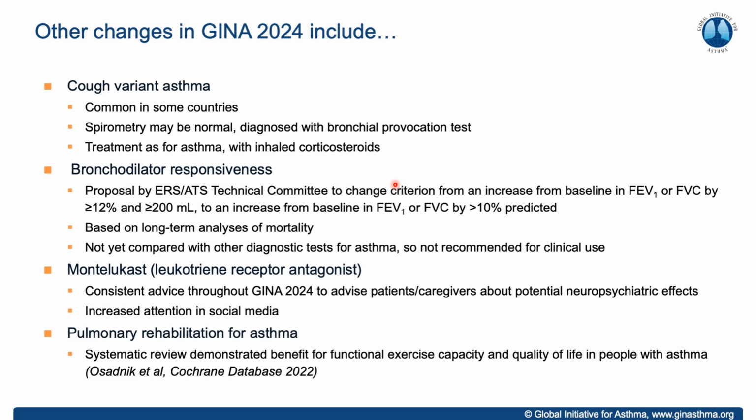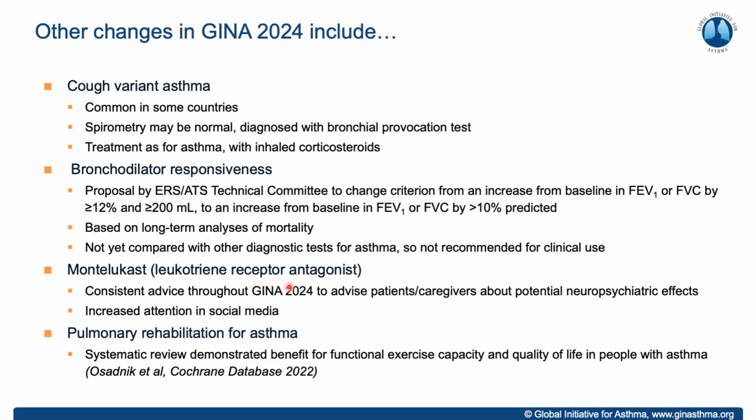After you give the bronchodilator, that shows whether this airflow limitation is reversible or irreversible. If you give bronchodilator and it improves by greater than 12% or greater than 200 ml, then that is indicative of reversibility. So these guidelines have changed the threshold from 12% and 200 ml to 10% predicted.